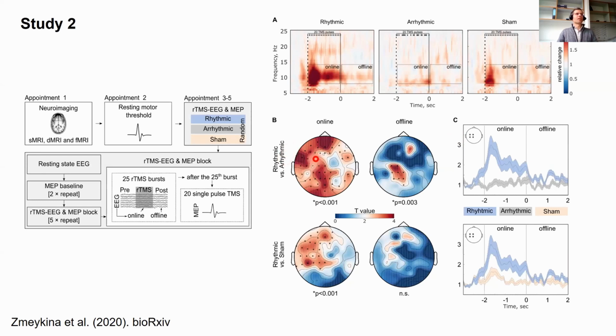She also compared the rhythmic versus arrhythmic conditions during and after the stimulation, as well as to the sham condition. And we found a significant increase during rTMS and a significant increase only between rhythmic and arrhythmic after the stimulation.